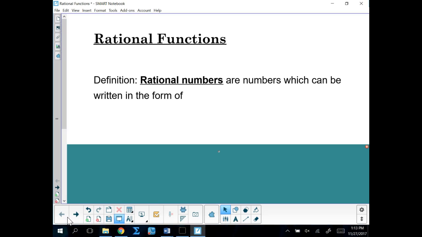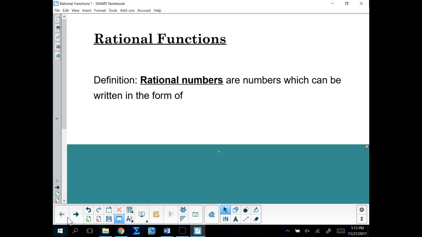Only positive ones? Okay, negative 12. Only whole numbers? 1.5 is a rational number when written as 3 halves.